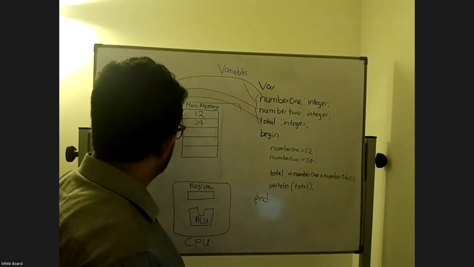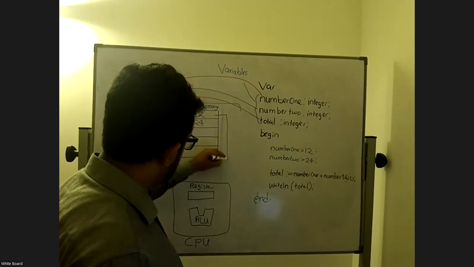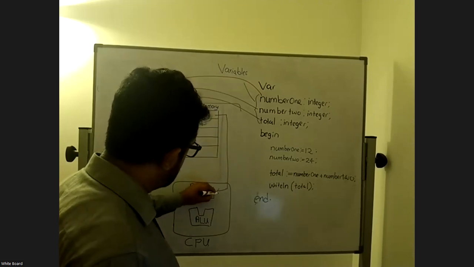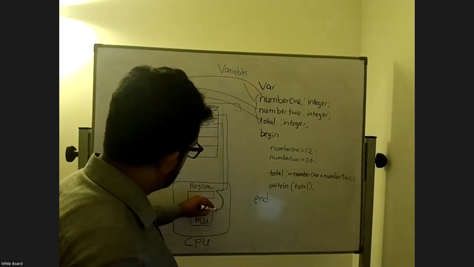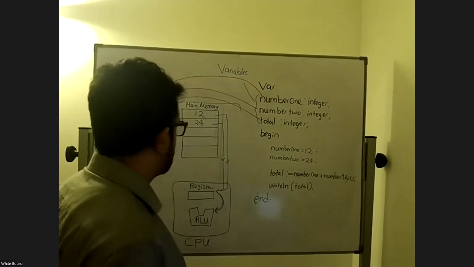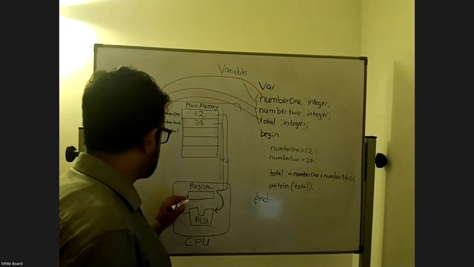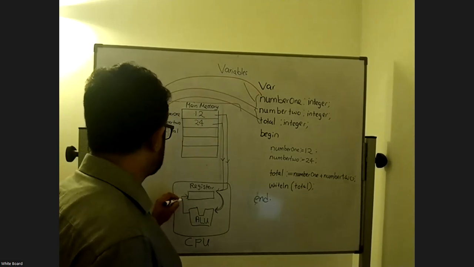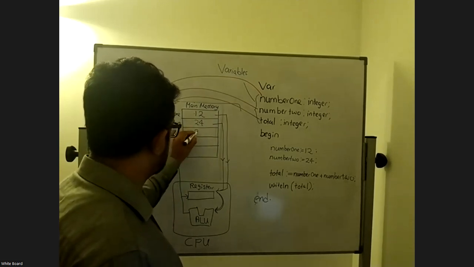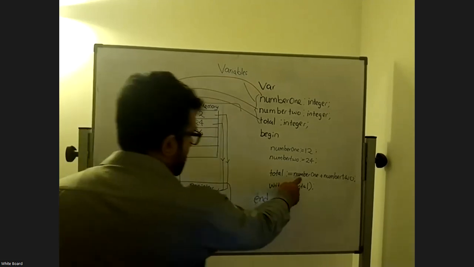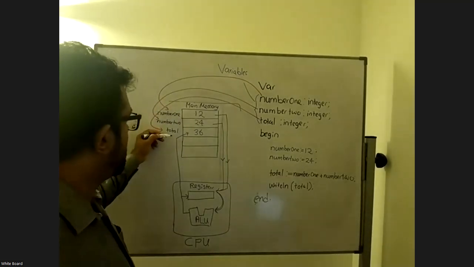So these two values are now going to be sent from here to the registers and then to the ALU. This is also going to be sent to the registers and then to the ALU. And after adding these two, the ALU will give the output as 24, sorry, 36, and that will be sent from here to this location for 36, because we have put number 1 and number 2 to the total variable location. And then you can output it.